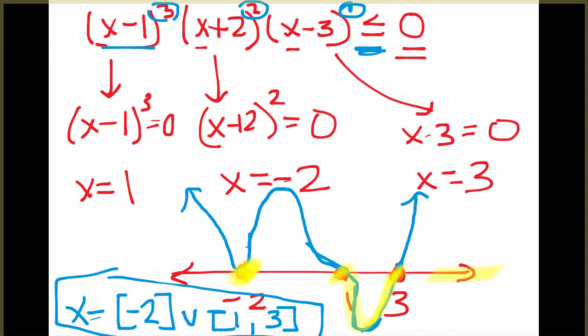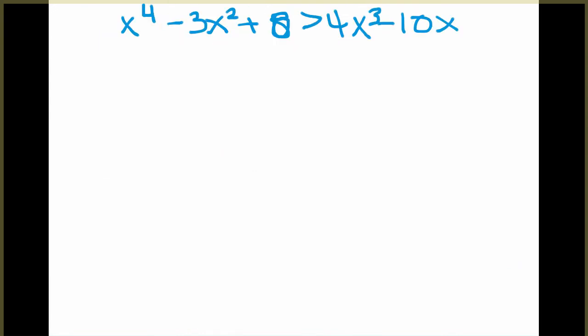Okay, let's look at one more example. Okay, here's a second example for us to look at. What we're going to do here is, just like before, we're going to first set the inequality equal to 0. So I'm going to move the 4x cubed and the 10x to the other side of the equation.